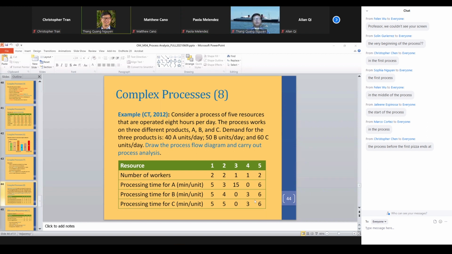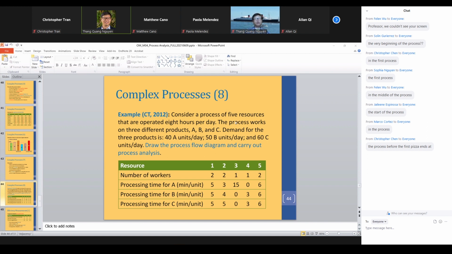Okay, so consider a process of 5 resources that are operated 8 hours per day, right? So our process has 5 resources, and it is open for 8 hours per day. In the slide, there's no specific context here, right? I would like to call this whole thing a restaurant process.